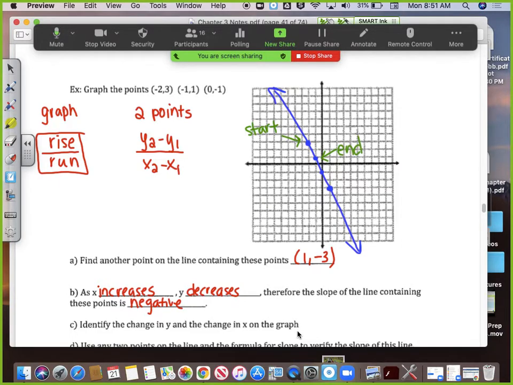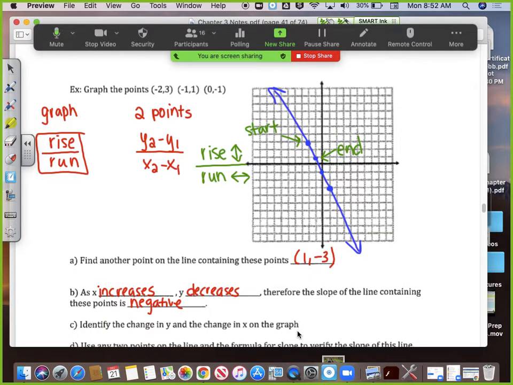I'm going to start at -2, 3, and end at -1, 1. What I'm going to do is, to get from the starting point to my ending point, first figure out my rise versus my run. So rise is how much you go up or down. Run is how much you go left or right.